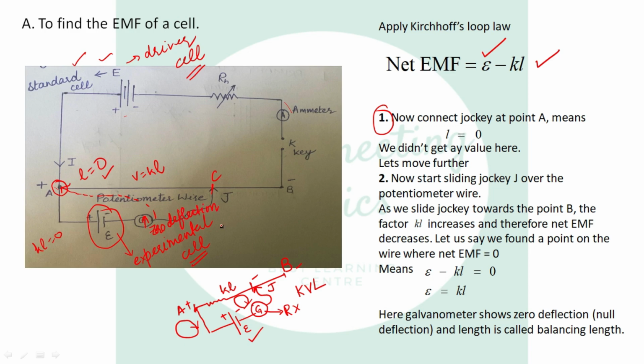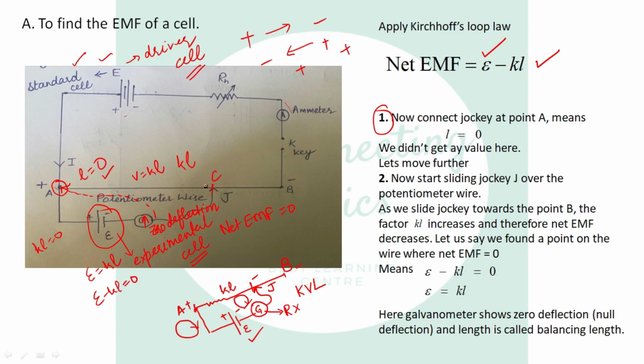So that means at that point net EMF is equal to 0. When does current flow? Current flows from positive to negative, means from higher potential to lower potential. If both potentials are the same, then no current will flow. That means the potential drop across this wire, KL, and the EMF of this cell, E, become equal, and E minus KL equals 0.